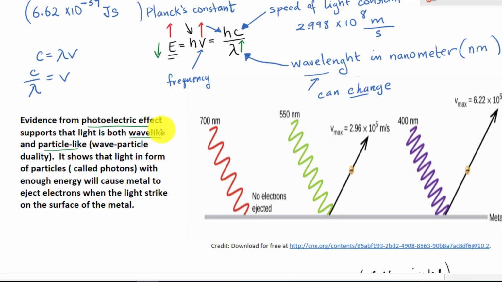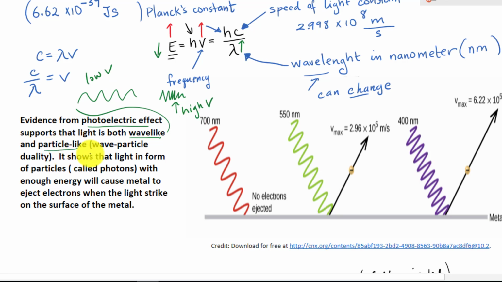Wave-like looks something like this, like a wave in the ocean. In terms of frequency, this compared to this would be high ν, high frequency. And this will be low frequency, low ν.